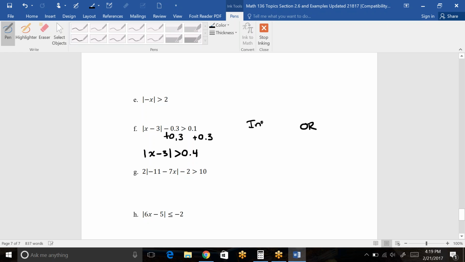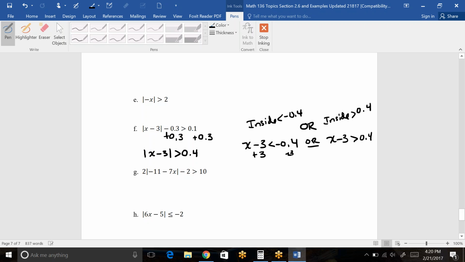The inside is going to be either less than the negative of the number on the other side, or the inside is greater than the positive of that case. Now you can only use this setup if you have a positive number on the right side. So this would be x minus 3 is less than negative 0.4, or x minus 3 is greater than 0.4. So we add 3.